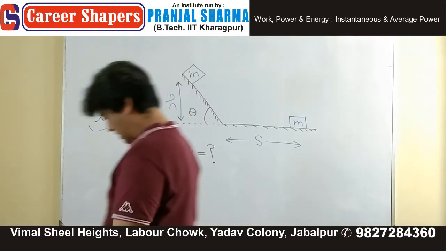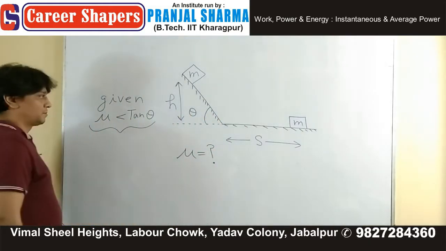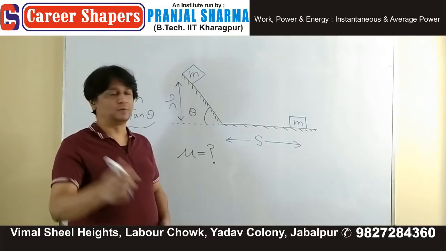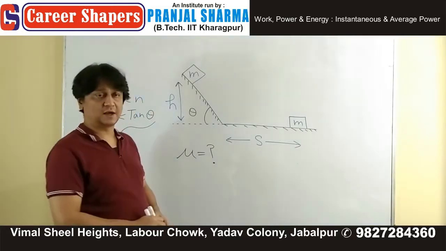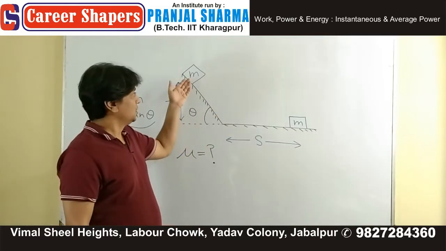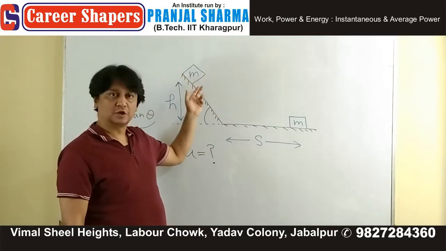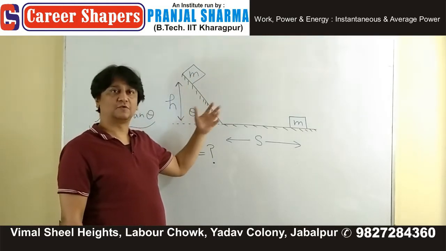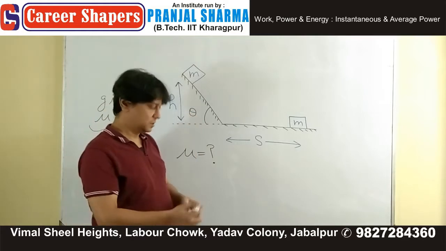Now, there is one way of answering this question. If somebody is interested, you can try that with the help of laws of motion. You know the force acting on the block is mg sine theta, and since it is coming down, friction is also acting on it.